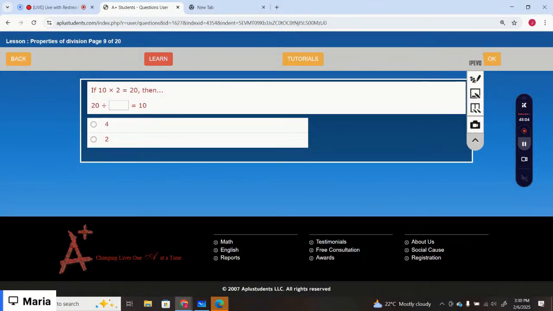If 10 times 2 is 20, then 20 divided by what number equals 10, which is the correct option?